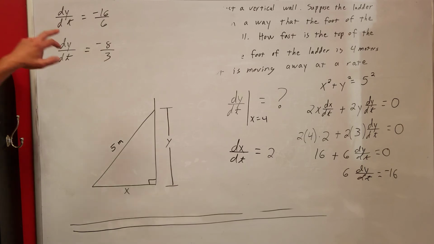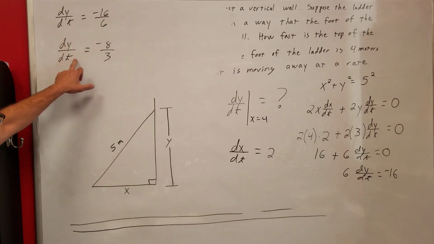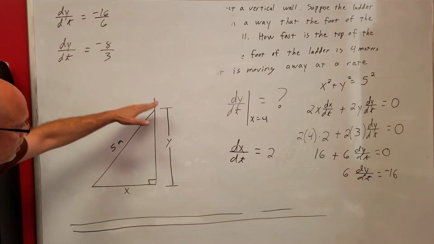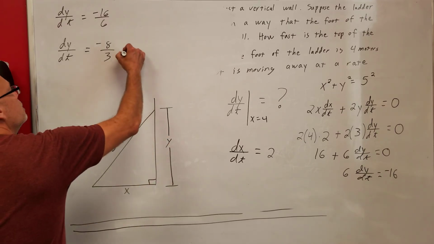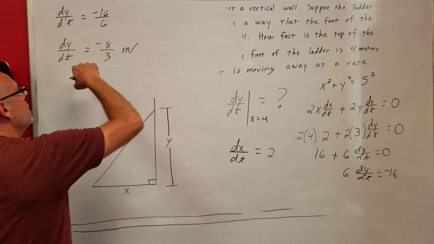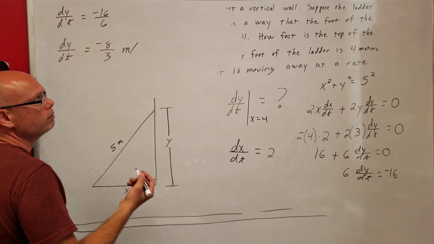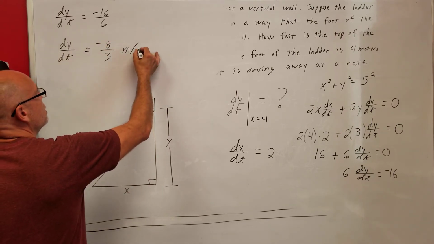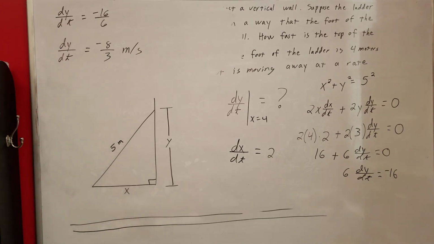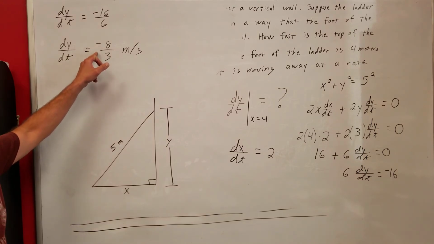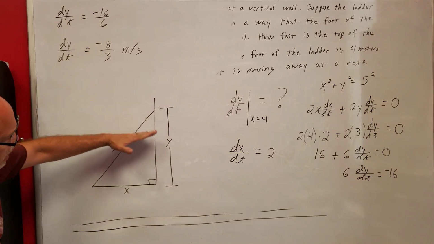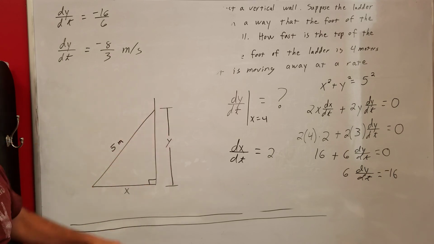Now, what are my units going to be? The units of y over the units of t. What is y being measured in? Meters. So meters per, what's my time measured in? Seconds here. I think I erased where it said, but it's seconds. Now, does it make sense for dy over dt to be negative? How's y changing? It's decreasing, right?